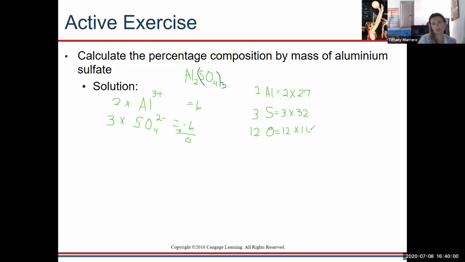It's 192. Should be 342, I think. 3 times 32 is 96. 2 times 27 is 54.